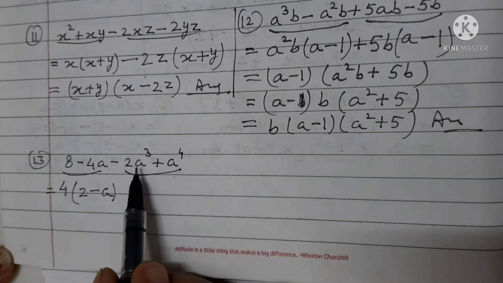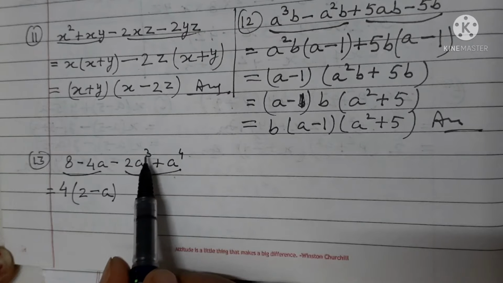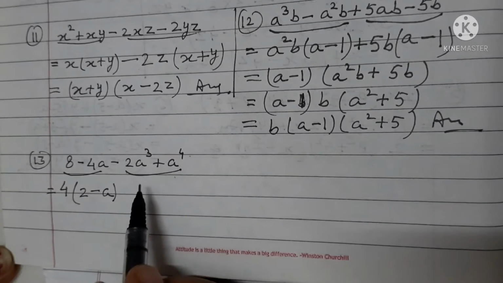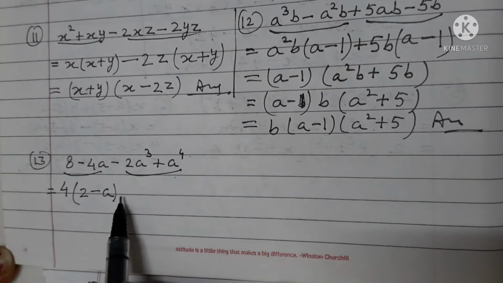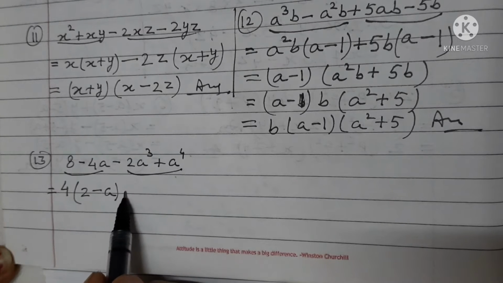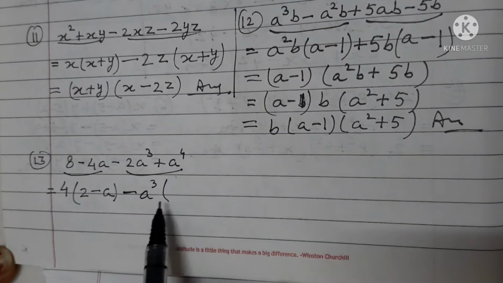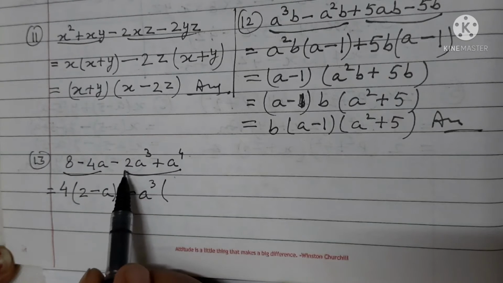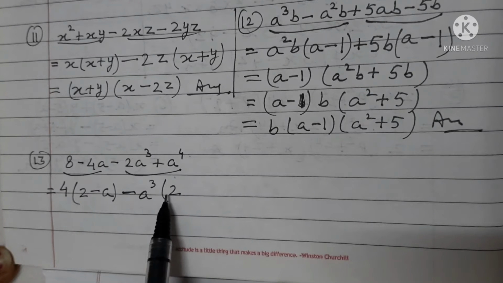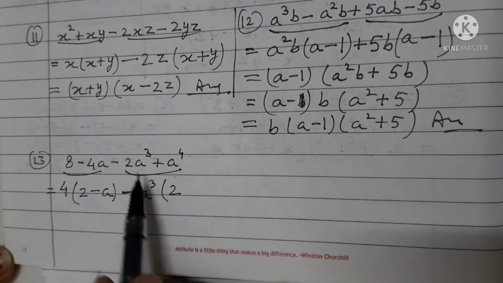Now here you can take a cube, because the lower degree is 3, so a cube you can take out common. So write down here, this 2 is plus in the bracket, so minus a cube, and the remaining part 2. When you multiply the minus here, this will be the same term, minus 2a cube.